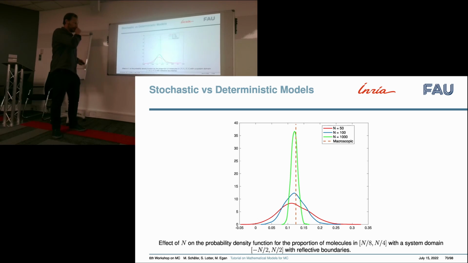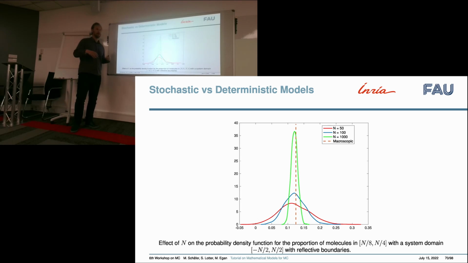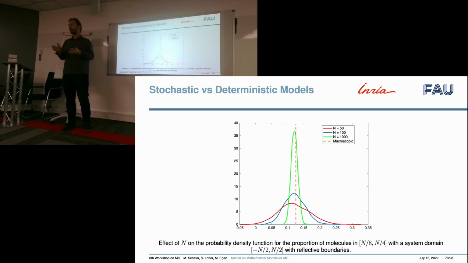So this has quite a few interesting consequences. The first one is that if you have a very large system with a lot of molecules, and you're interested in the proportion of molecules in a particular region, then you can try to approximate this proportion by the solution of a diffusion equation in a much smaller system. So that's the first point.